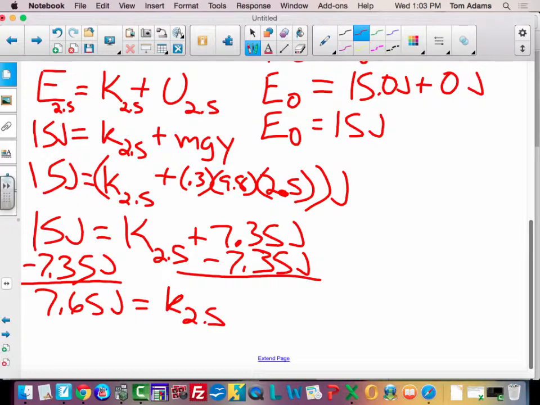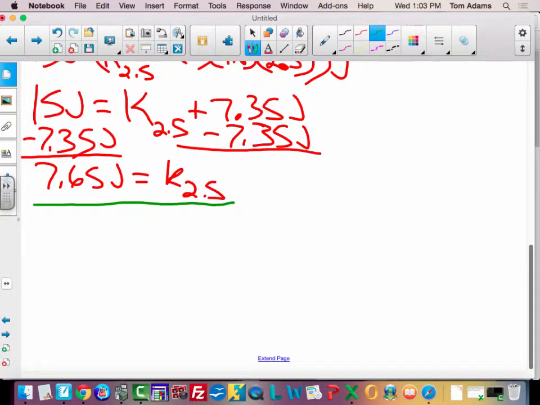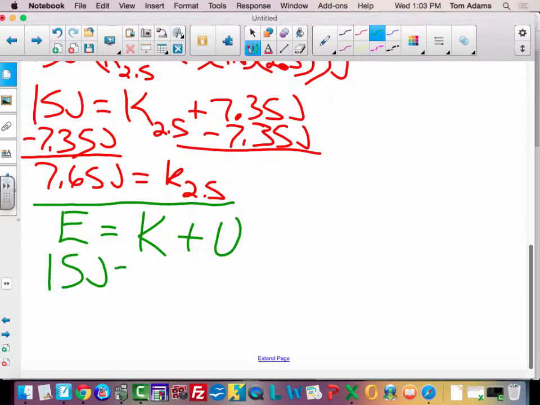All right, so now let's do the last part, maximum height. Now this is a conceptual question. My energy should equal the kinetic energy plus the potential energy. What is the mechanical energy at this point? Still 15 joules. It doesn't change.